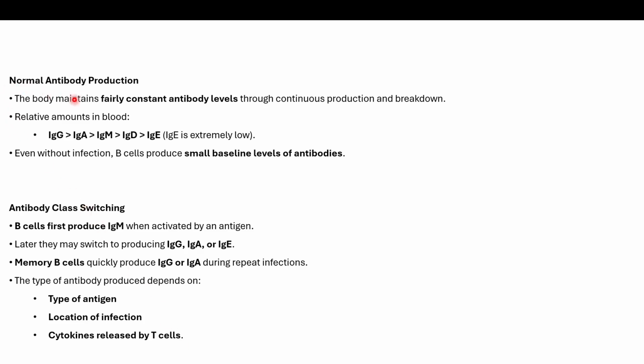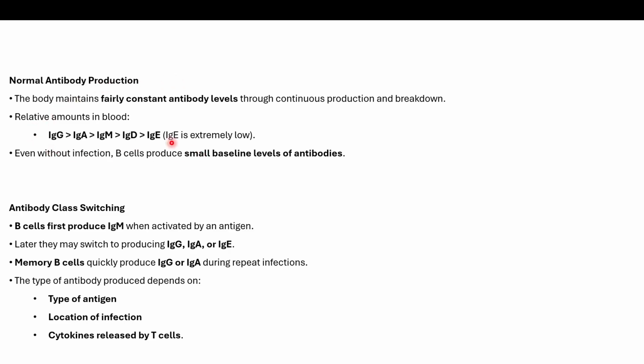So in general, if we talk about normal antibody production, the body maintains an optimum antibody level by continuously producing and breaking down, not only the antibodies, but also the signaling pathways and other regulatory factors which lead to the production of antibodies.